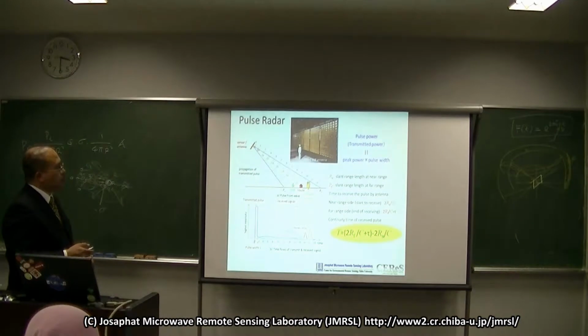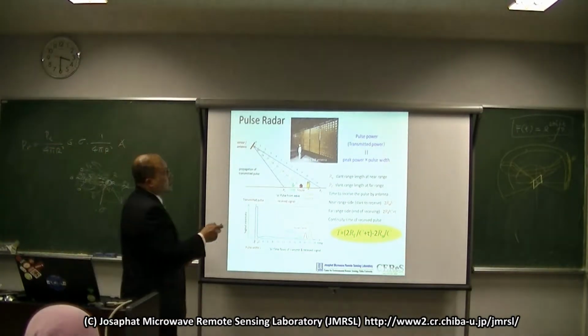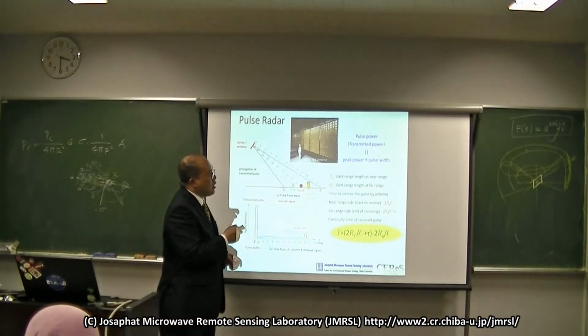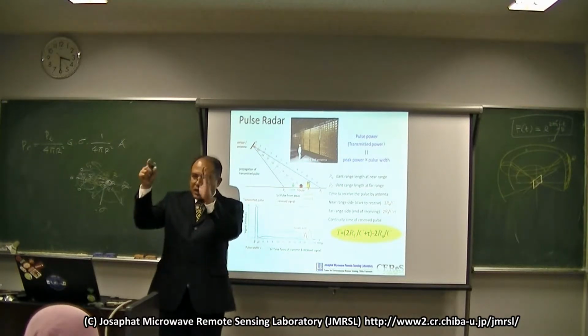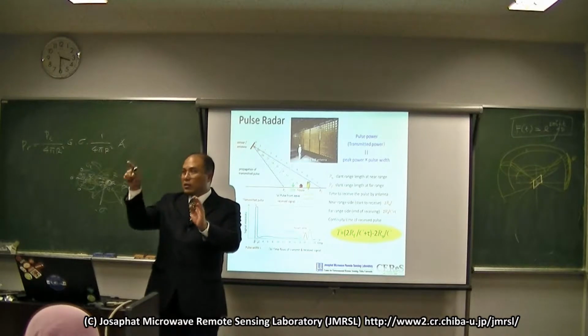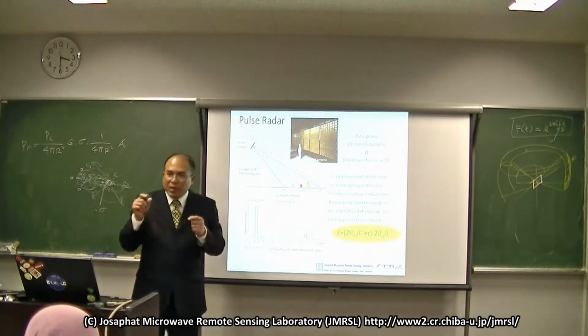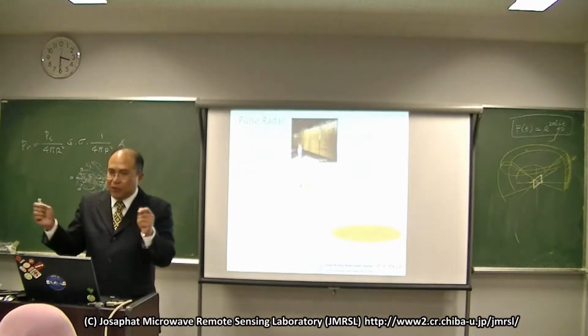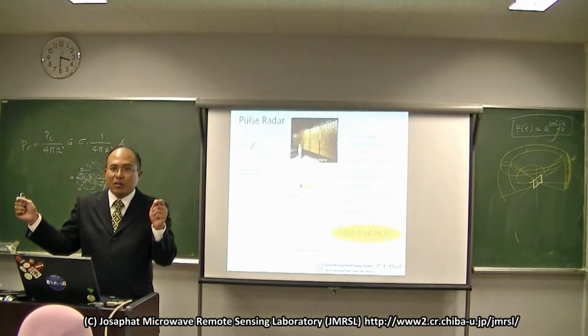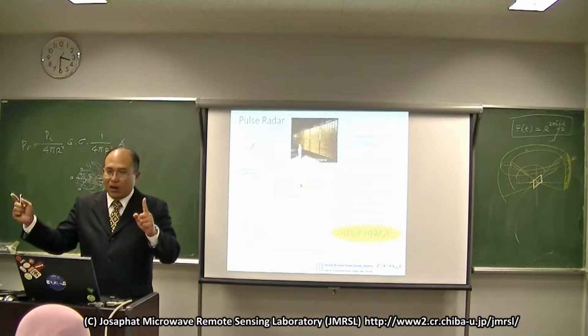Okay, and here the pulse power, including the transmitted power, is the peak power times the pulse width, the base width. So if you define the power, the transmitted power is larger.